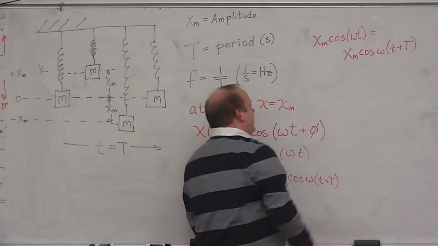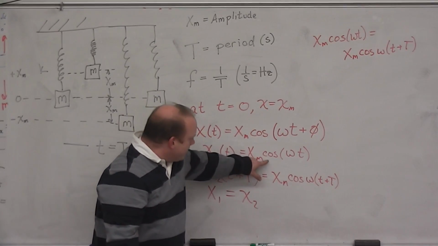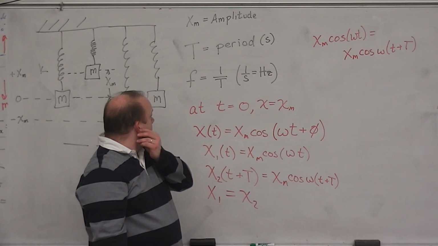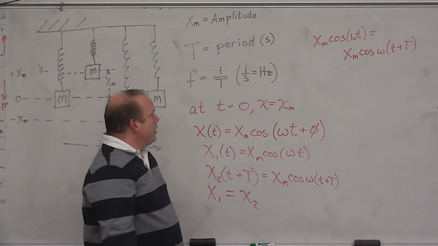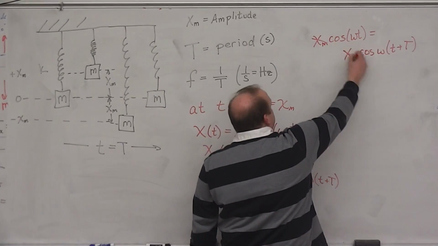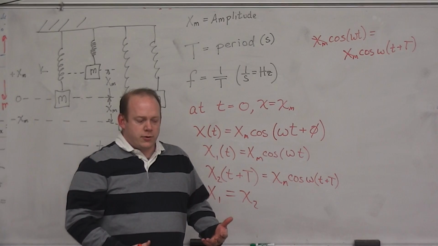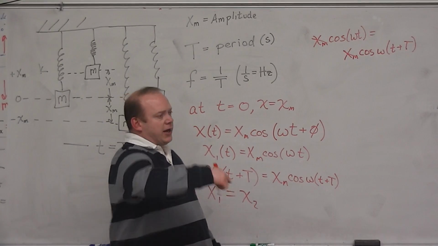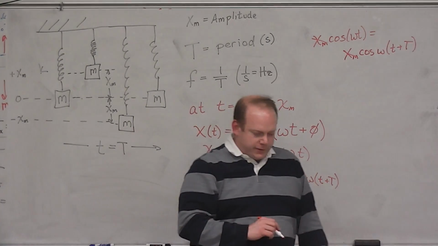These two have to equal each other. If x1 and x2 equal each other, then these two have to equal each other. So now, the x_m's will cancel out. Now, cosines equal each other when it's gone through a period of 2 pi.